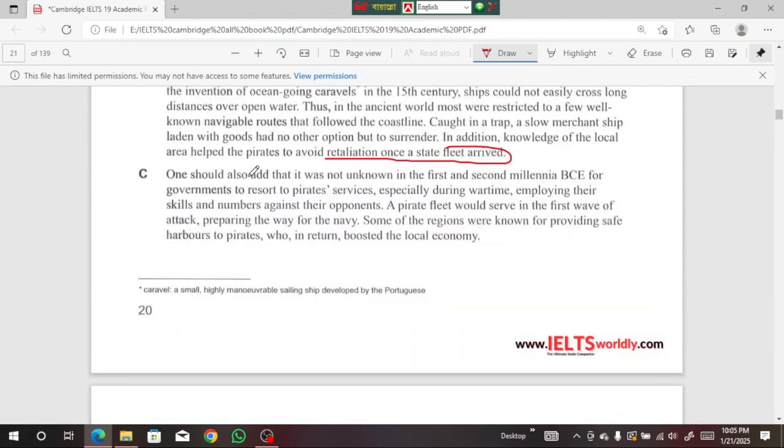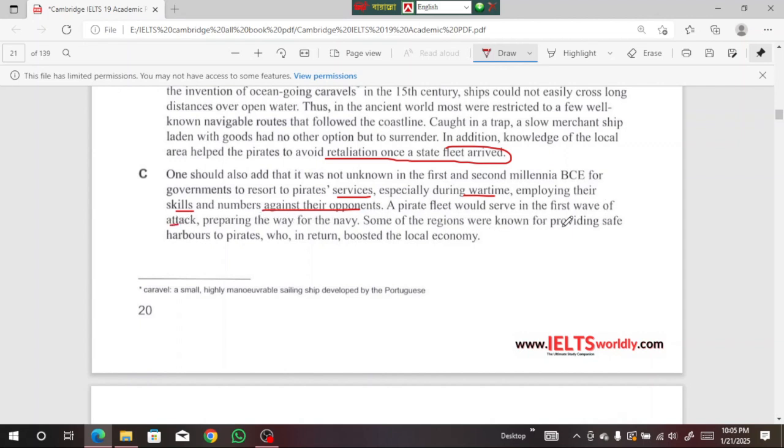One should also add that it was not unknown in the first and second millennia BC for governments to employ pirates' services, especially during wartime, using their skills against their opponents. The pirates' fleet served as a first-wave attack, preparing the way for the navy.